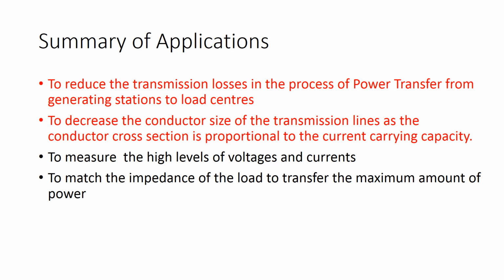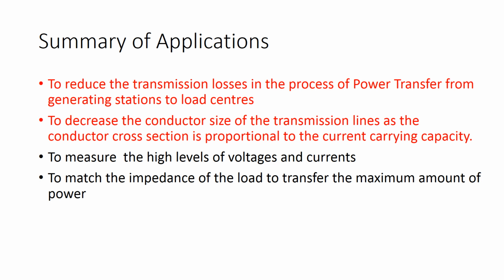And of course transformers have so many advanced applications in electrical engineering. The third one is to measure high levels of voltage and current. We all know that measuring instruments are capable of measuring only small values of voltage and current using a normal ammeter and voltmeter. You can measure maybe 10 amperes of AC or DC and some 500 volts of AC or DC.